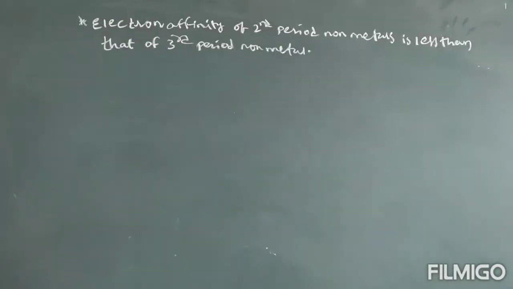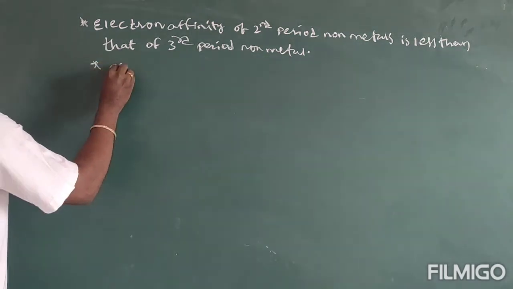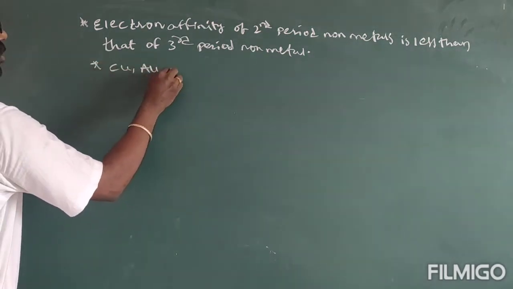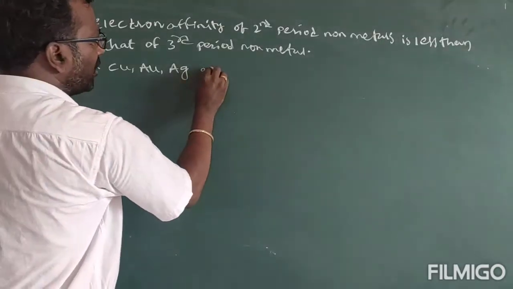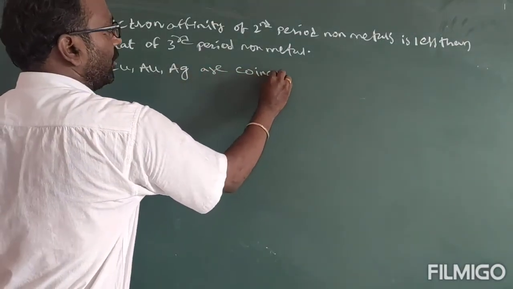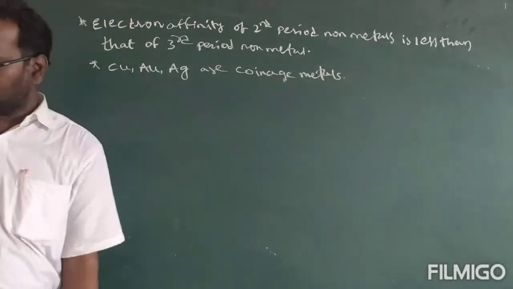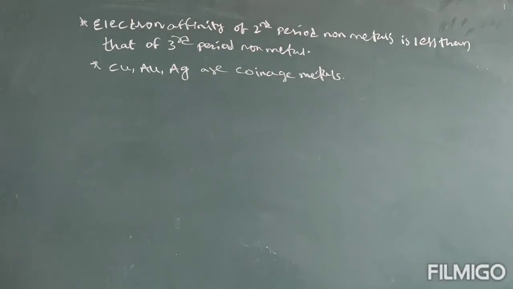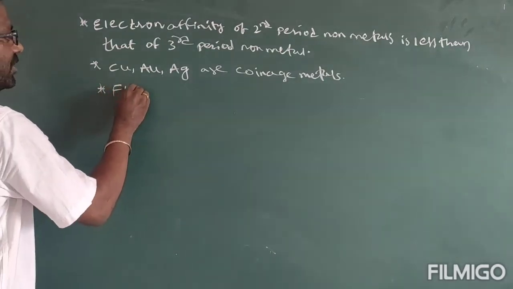You already know that silver, gold and copper are called coinage metals. In social studies you might have studied that these are the coinage metals. Already we had a discussion that fluorine is the highest electronegative element.